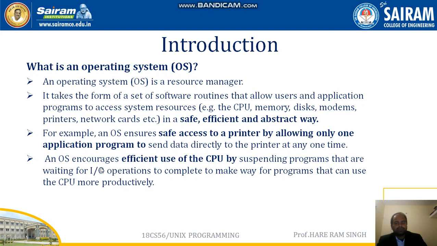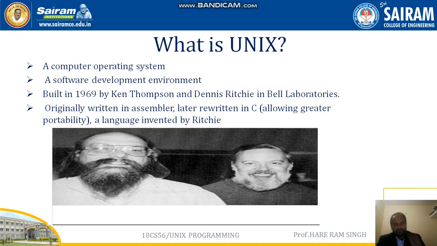It means if more than one program is running on a resource at the same time, it suspends one program and allows another program to access the resource, making the previous program wait in the input output queue. So this is a brief introduction about the operating system before going to the Unix operating system.